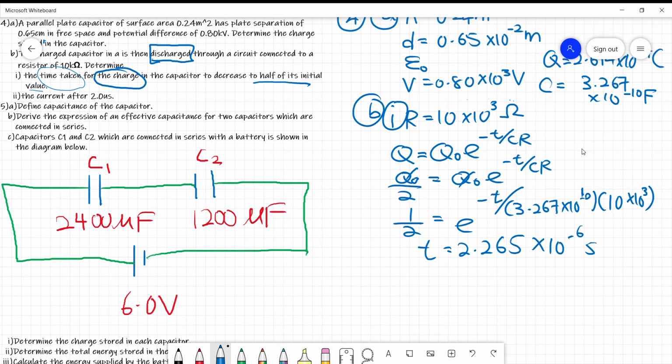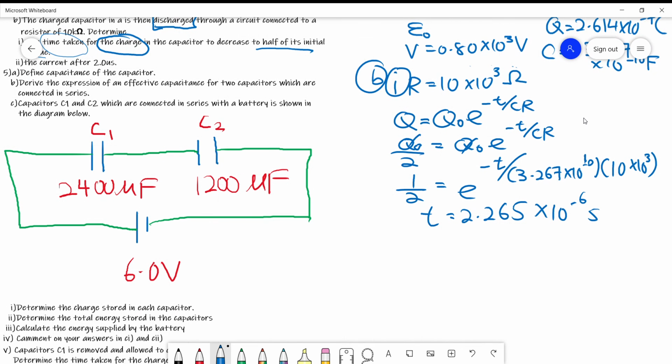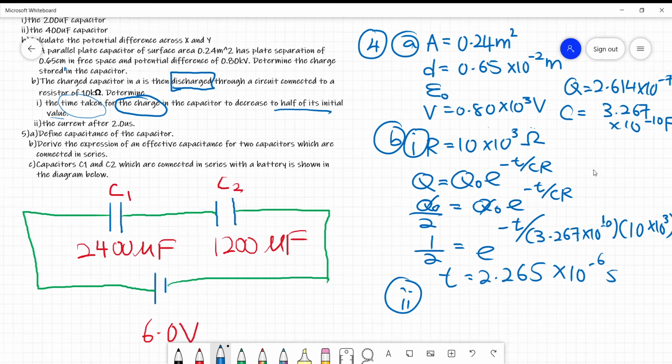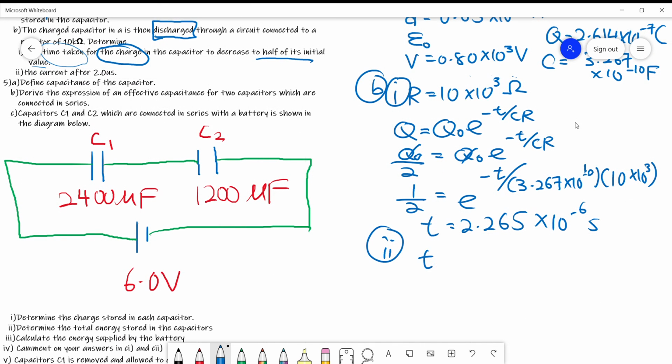So what about the question number 2? So the current, determine the current after 2 microseconds. So my time is 2 microseconds.